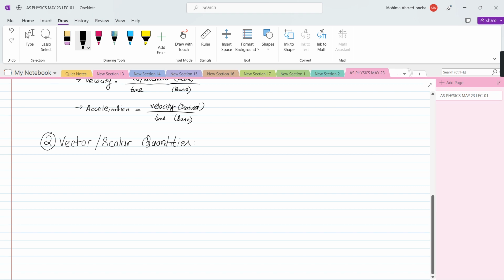Vectors have direction, scalars do not. Right. Vectors have direction and scalars do not have any direction. On the other hand, both vectors and scalars have magnitude. So if you are asked to write the definitions, the basic definition for a scalar would be quantities that have only magnitude.